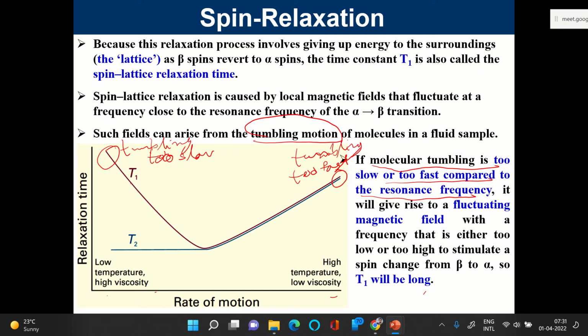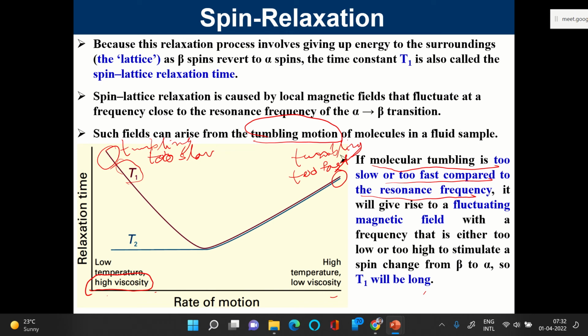So high viscosity of the solvent will lead to the molecule that we are observing, which has this magnetically active nuclei, not being able to move freely, and the time of relaxation will be large. So relaxation time T1 is large in that case.